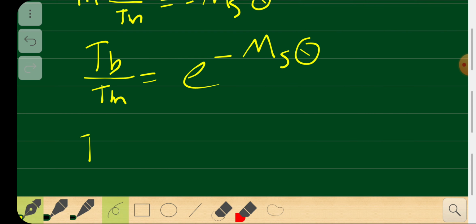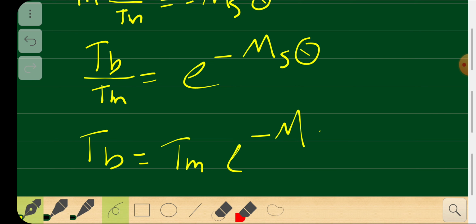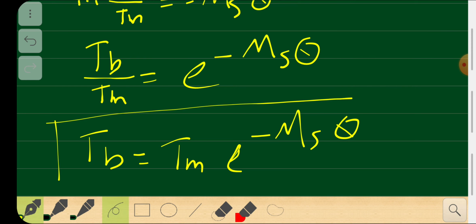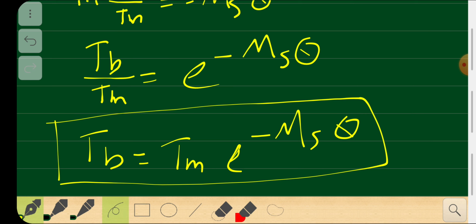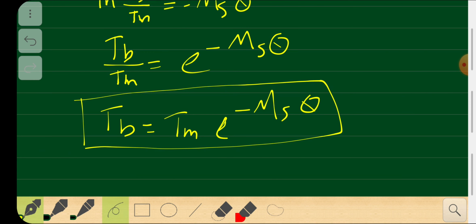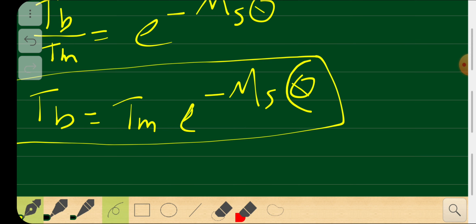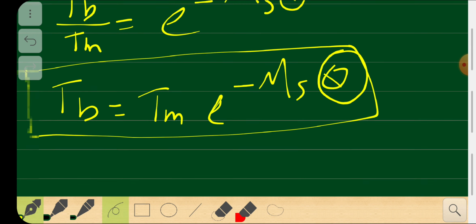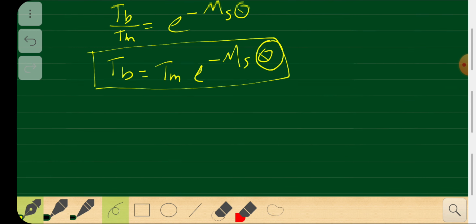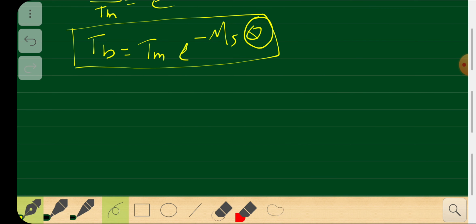So Tb, the tension the boy is going to feel, will be T of the mass times e raised to minus mu s times theta. That will be the tension felt by the boy. So what this equation gives is that as theta increases, the tension on the boy will decrease exponentially, right?